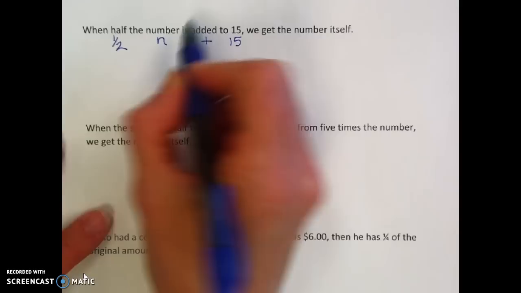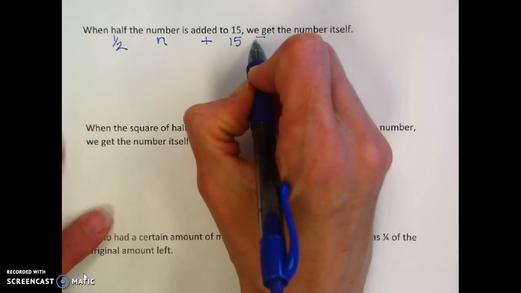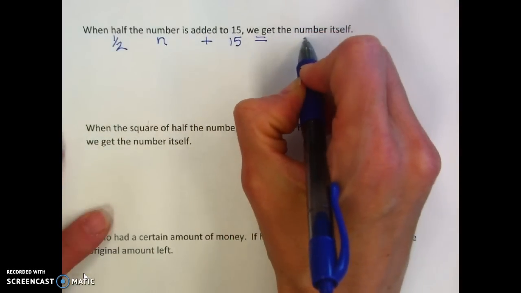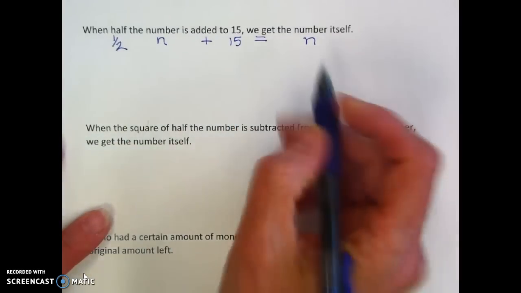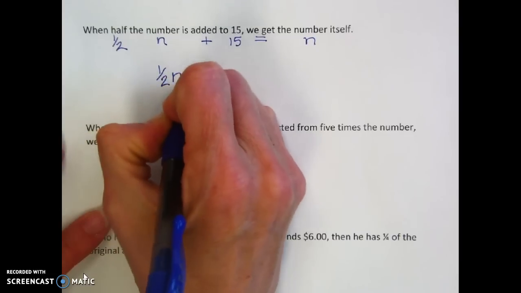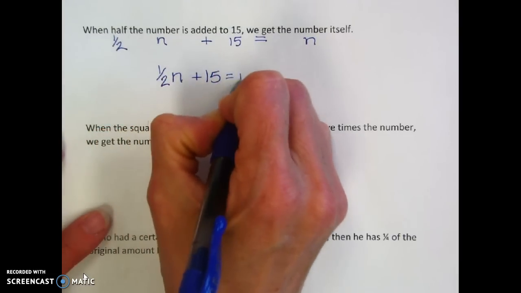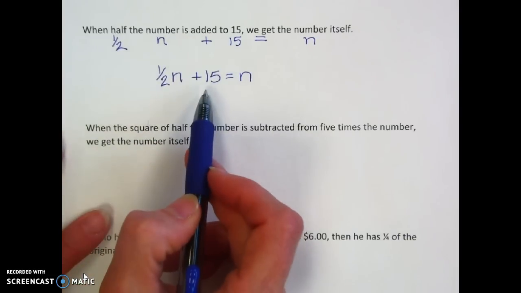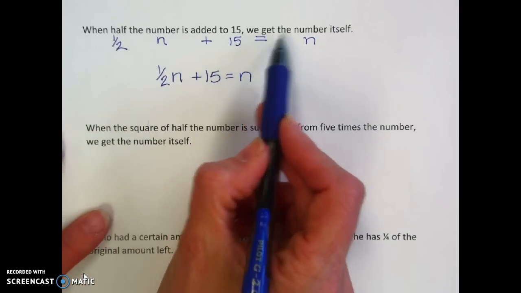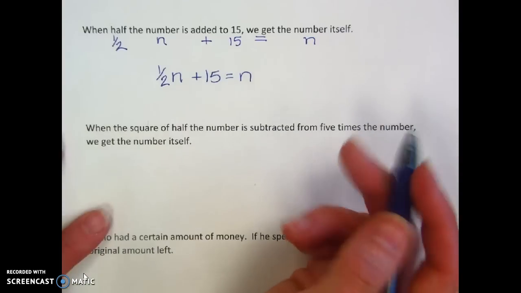"We get" is actually our equal sign, the number itself. Well, I used n for the number, so I have to use n for the number again. And there's my equation: 1/2 n plus 15 equals n. Half the number, half n, is added to 15, plus 15. We get the number itself, equals n.